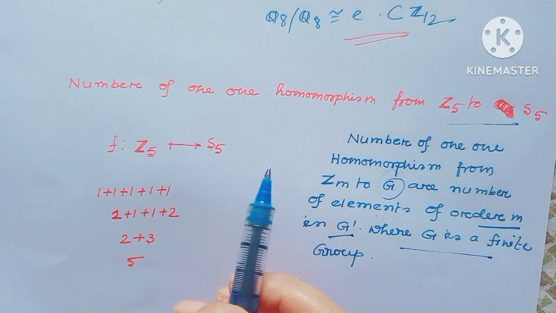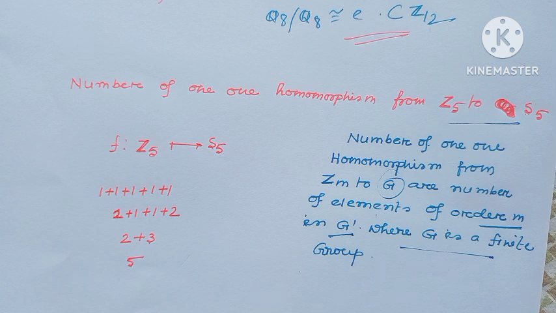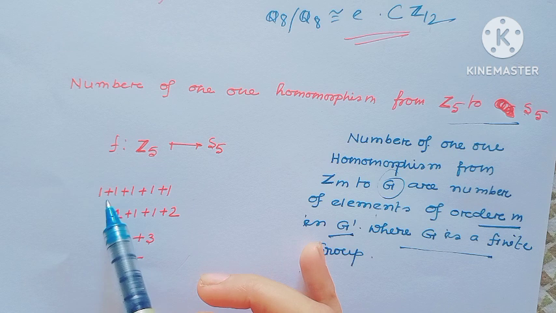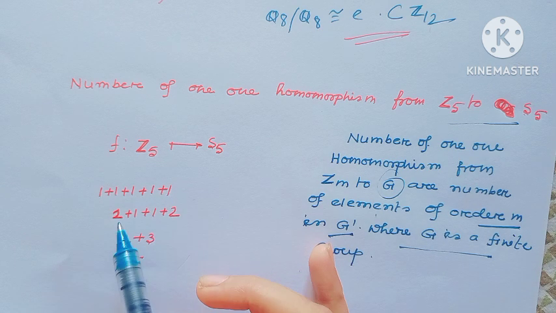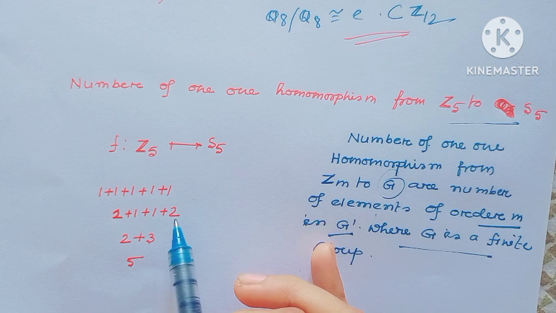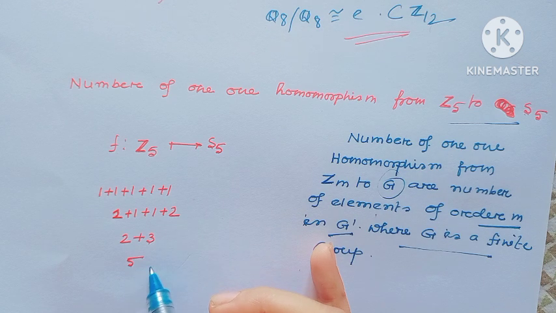That means we have to find the elements of order 5 in the group S5. Elements of order 5 in S5 correspond to the partition 5.